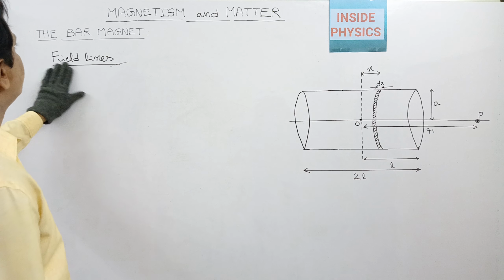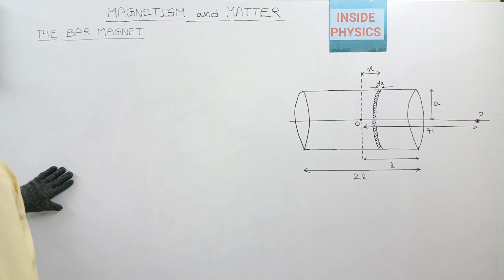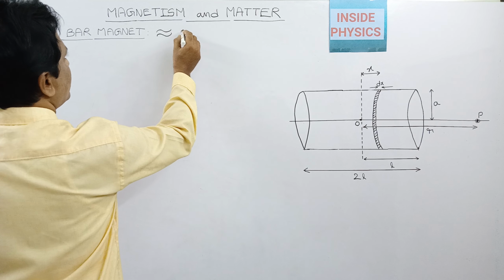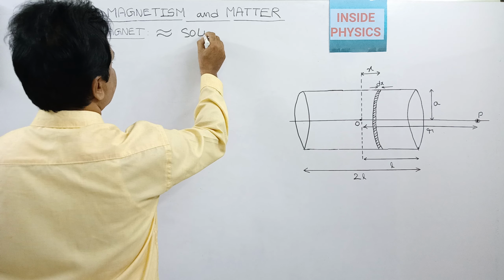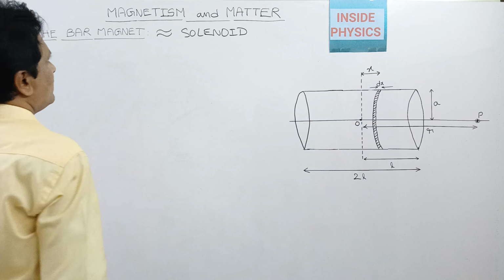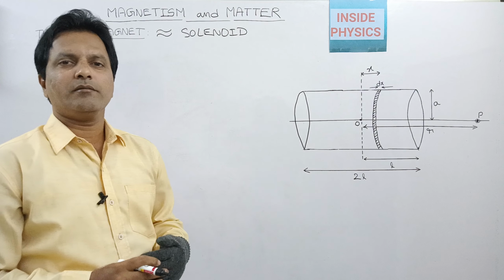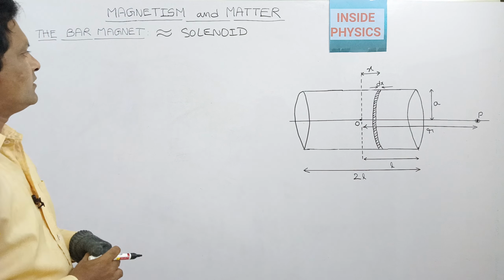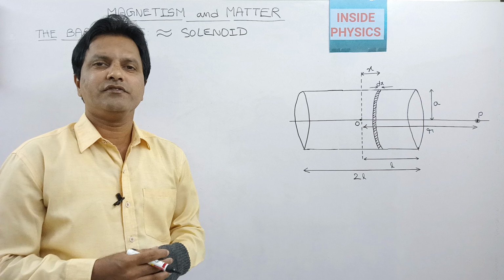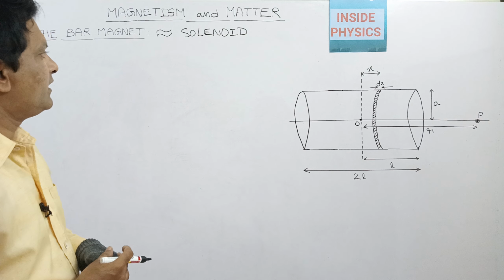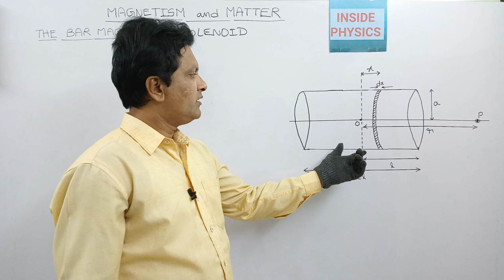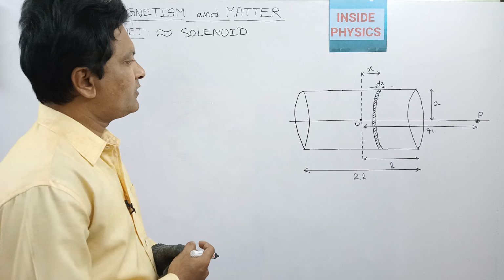Now we will see how a bar magnet is analogous to a solenoid. What is the analogy between the bar magnet and a solenoid? We have already seen that a solenoid can generate magnetic field lines like a bar magnet, and here I have drawn a diagram for a solenoid having n number of turns.